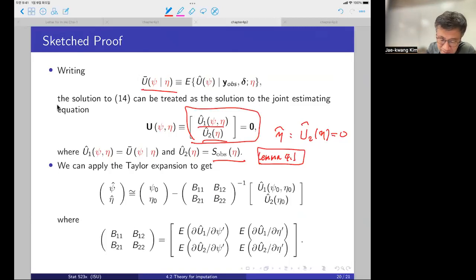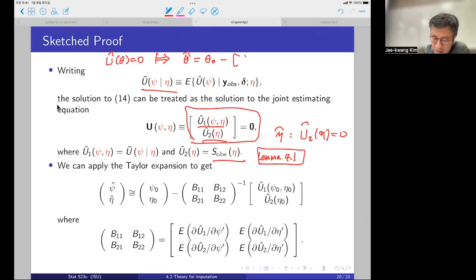Because what is Lemma 4.1? Lemma 4.1 is just what is the property, so the solution, something like that, right? So minus, okay.